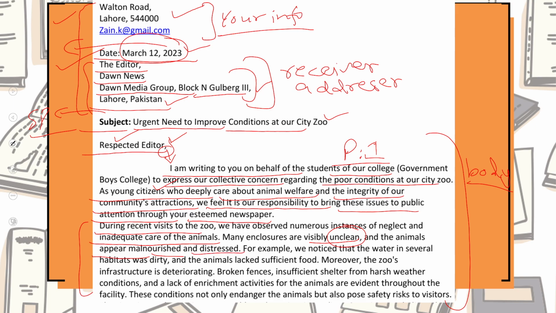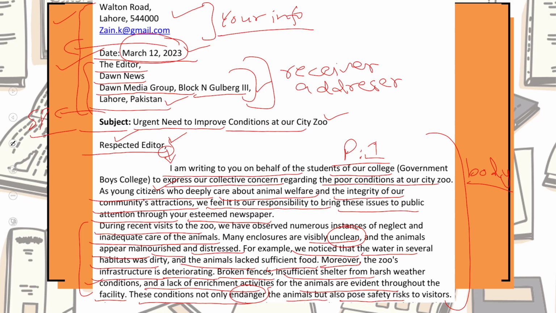For example, we noticed that the water in several habitats was dirty and the animals lacked sufficient food. Moreover, the zoo's infrastructure is deteriorating: broken fences, insufficient shelter from harsh weather conditions, and a lack of enrichment activities for the animals are evident throughout the facility. These conditions not only endanger the animals but also pose safety risks to visitors.